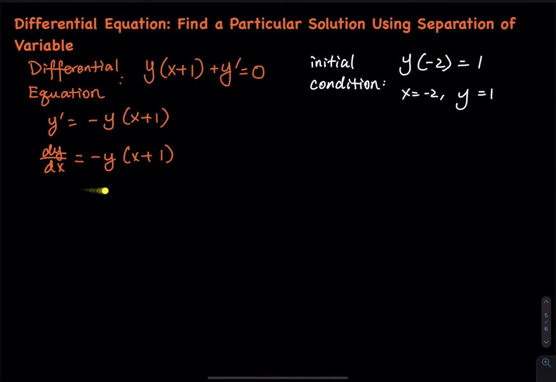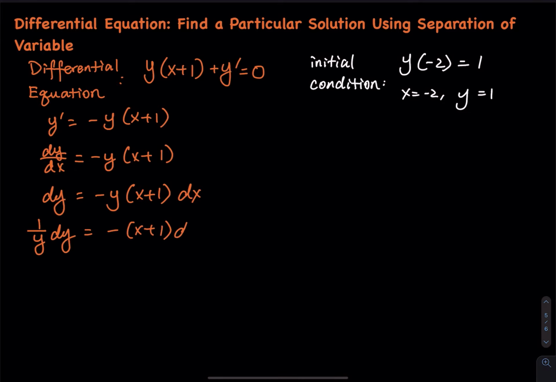So we have dy equals to negative y times x plus 1 times dx, so that means we will have to move the y to the other side, so simply divide both sides by y. You have 1 over y dy, that is equals to negative x plus 1 dx, and then you integrate both sides because the separation of variable is done.